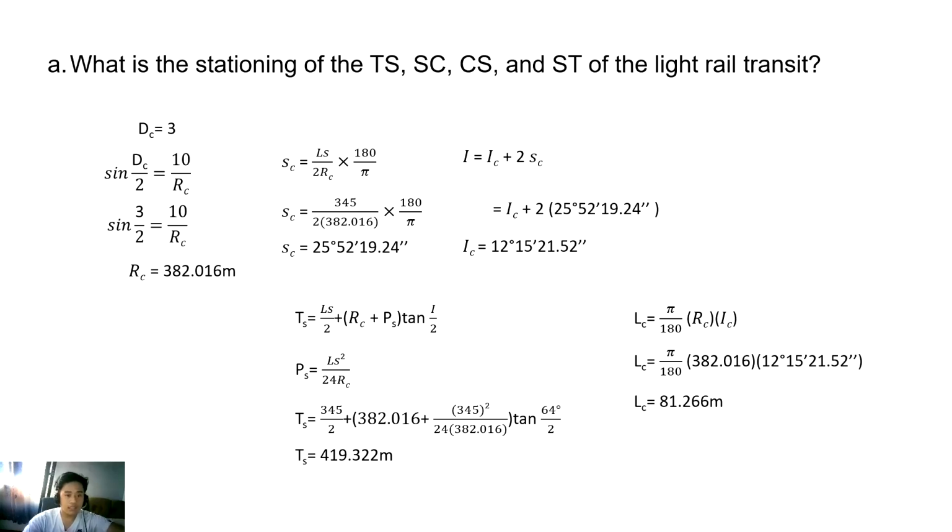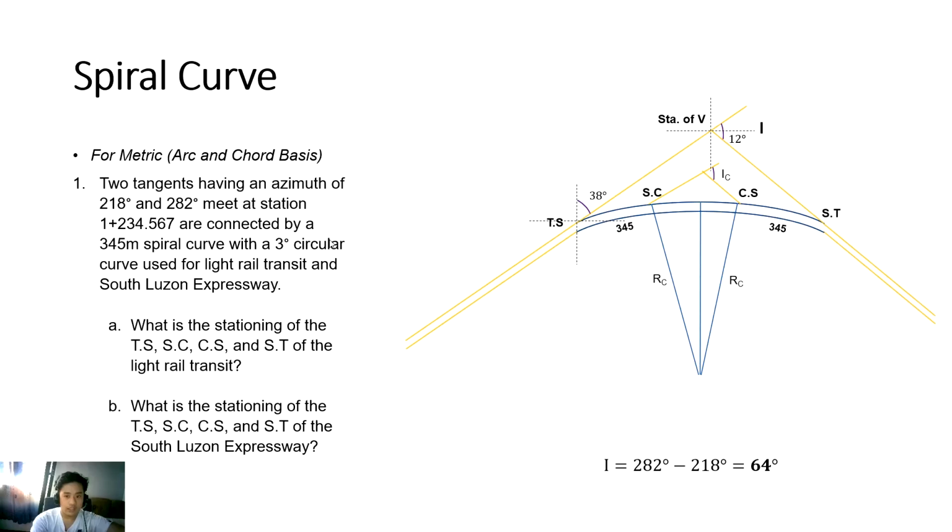For the spiral angle at SC, the formula is Ls over 2Rc times 180 over pi. That is the formula we use to get the spiral angle at SC, or spiral to curve. Substitute Ls, the length of spiral, also known as Lc, but we're going to use Ls.